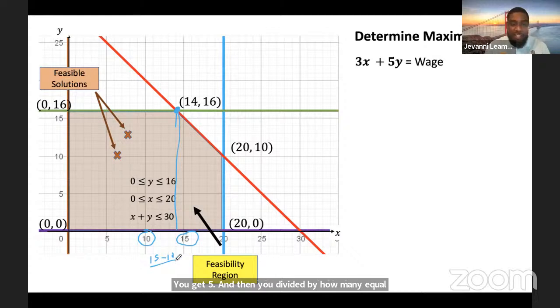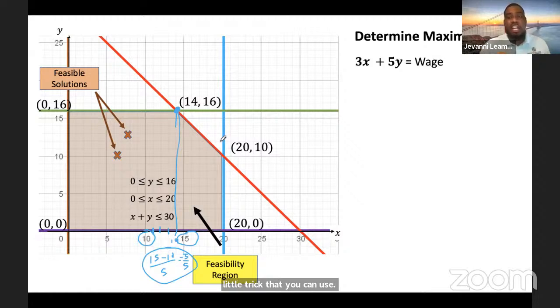So there are 5 intervals, so 5 divided by 5 means each of these little smaller squares would be 1 unit. So you get 11 right here, 12 right here, 13 right here, and then finally 14, right? That's something you can use in order to understand the graphs a bit better, likewise in physics.